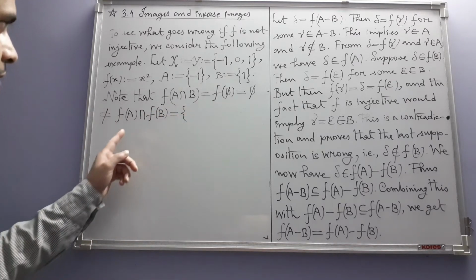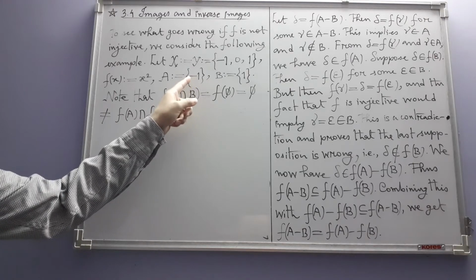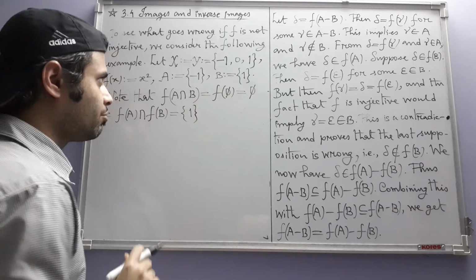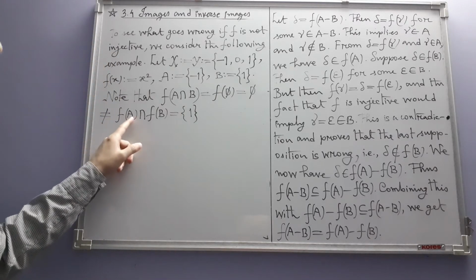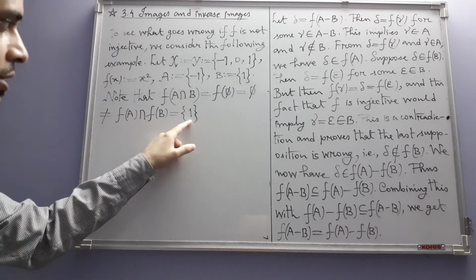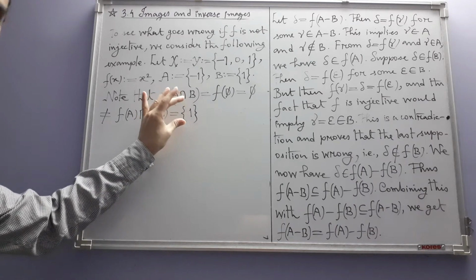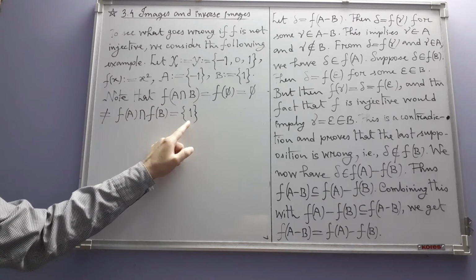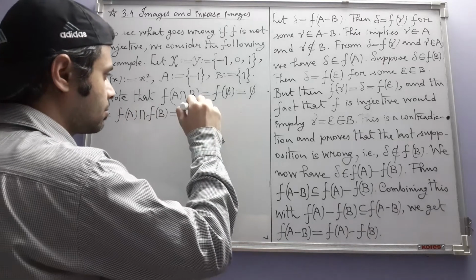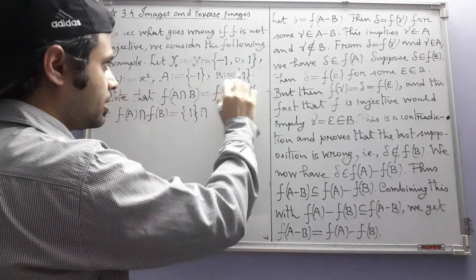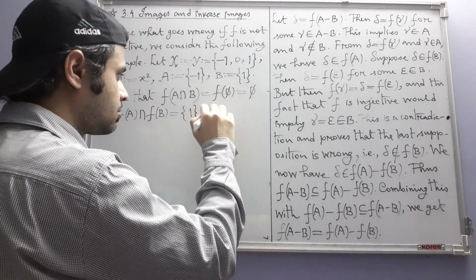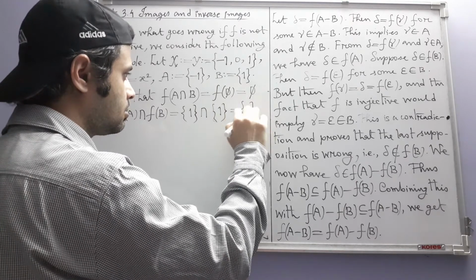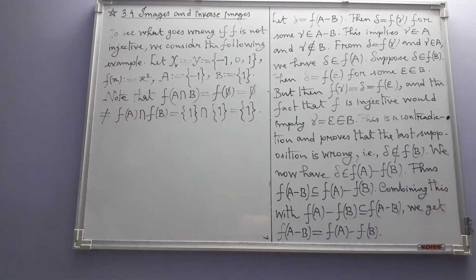To calculate f(A), we have to take the square of this number, so that gives us 1. Keep in mind that since f(A) is supposed to be a set, although we have a single number here, we have to write it as a set. We cannot write f(A) is equal to 1, that would be wrong. Squaring this one also gives us the same set. So the intersection is this singleton set, and these are not equal.